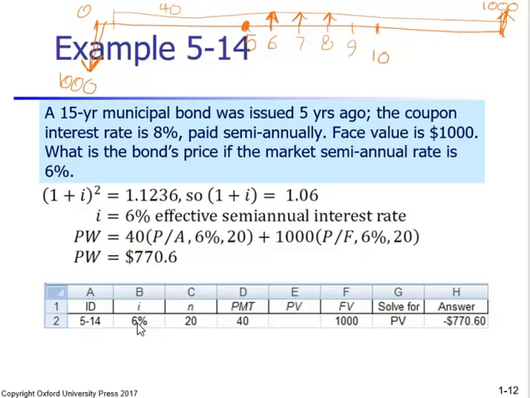6% semi-annual. And when it is talking about 20, because it is after 5 and 10 years every 6 months, it is considered 20 payments. PMT is 40. You are familiar.